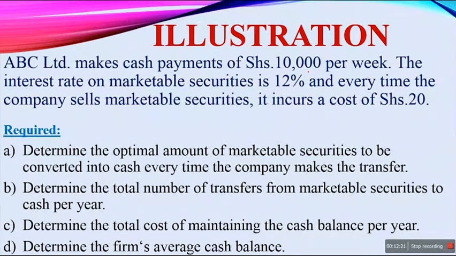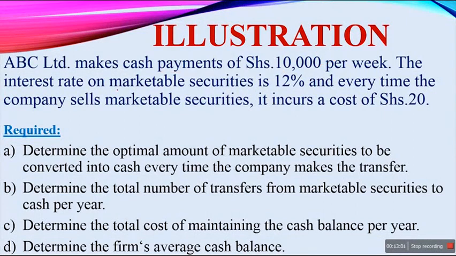If they make cash payments of 10,000 per week, then it means in a year, and in 1 year we have 52 weeks, so we multiply that by 52. That is going to give us 520,000. That is what they make payments of in a year.